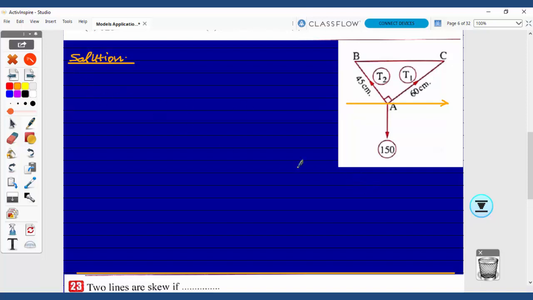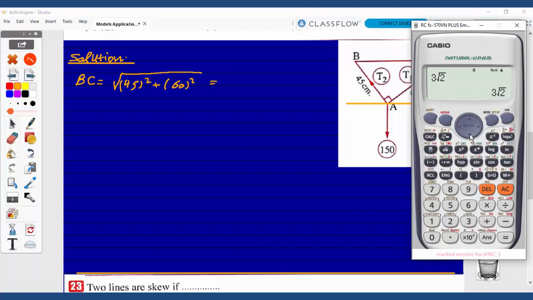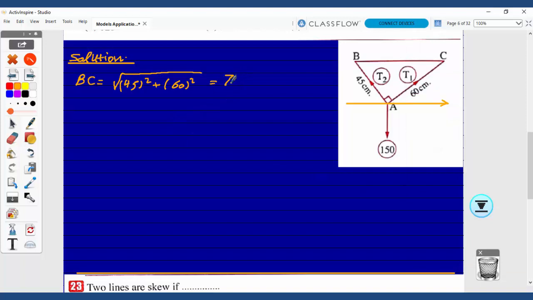So BC equals the square root of 45 power 2 plus 60 power 2, using Pythagoras theorem. Using the calculator, we get 75. So BC equals 75 centimeters.